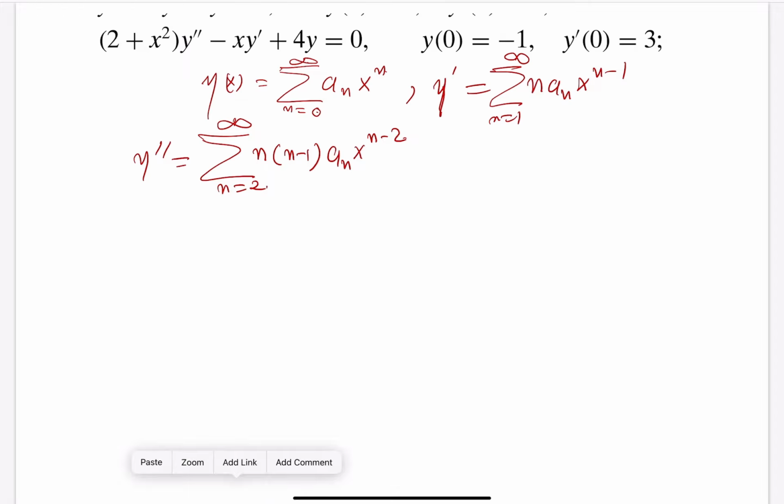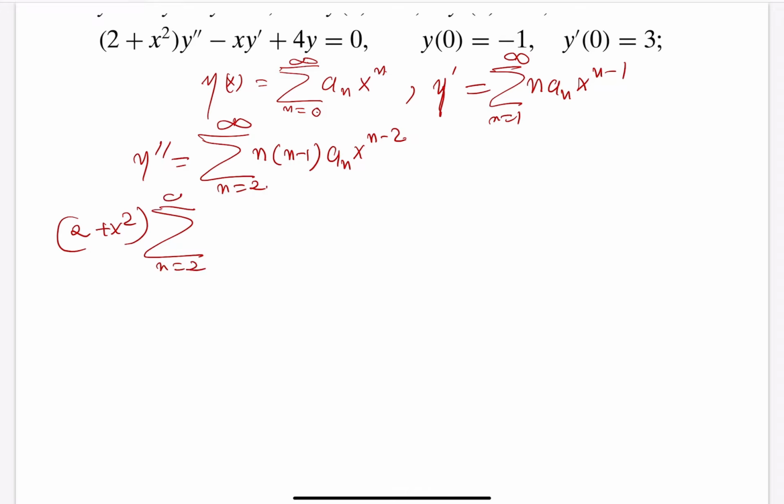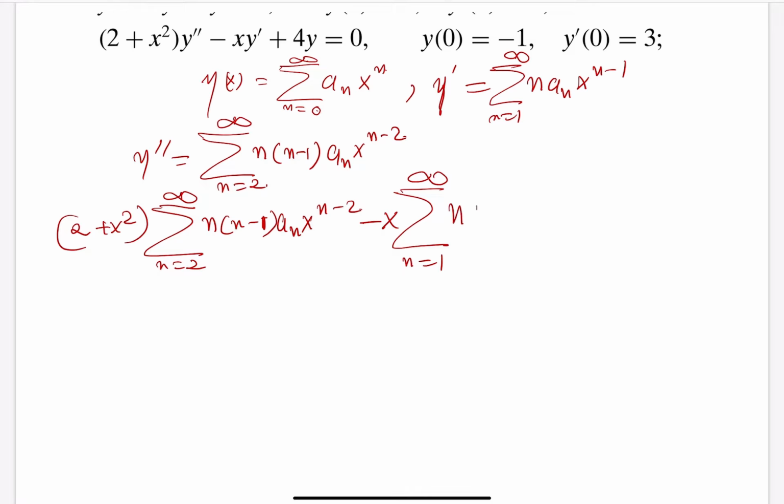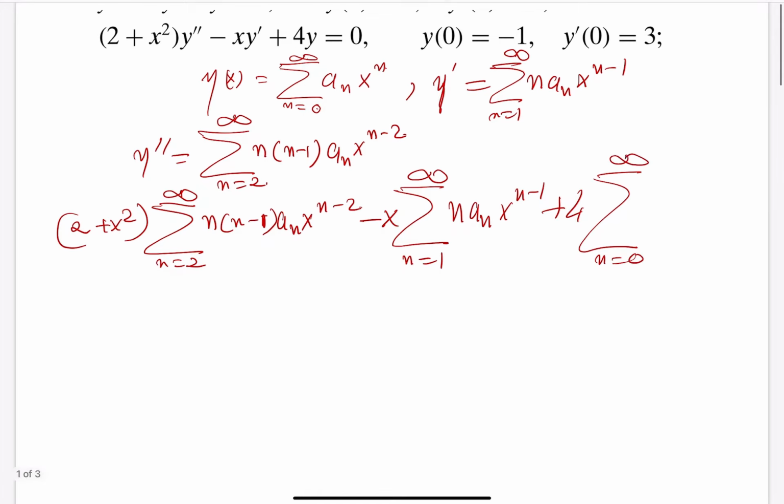You have (2 plus x squared) times the series going from n equals 2 to infinity of n(n minus 1) a_n x^(n-2), minus x times the series of the first derivative going from n equals 1 to infinity of n a_n x^(n-1), plus 4 times the series going from n equals 0 to infinity of a_n x^n, equal to 0.